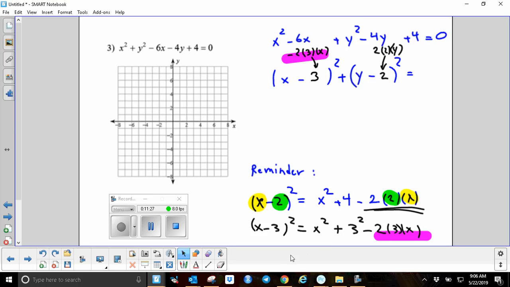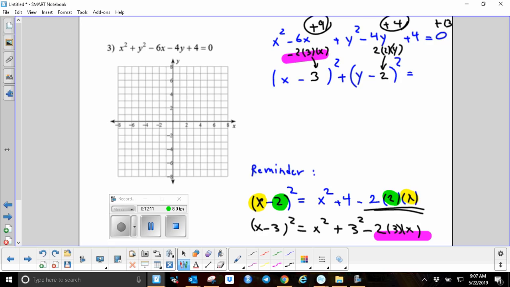So obviously, what do you need here after 4y? 4. Add the left side, 9 and 4 together is what? 13. So that's what I need to add on this side as well.